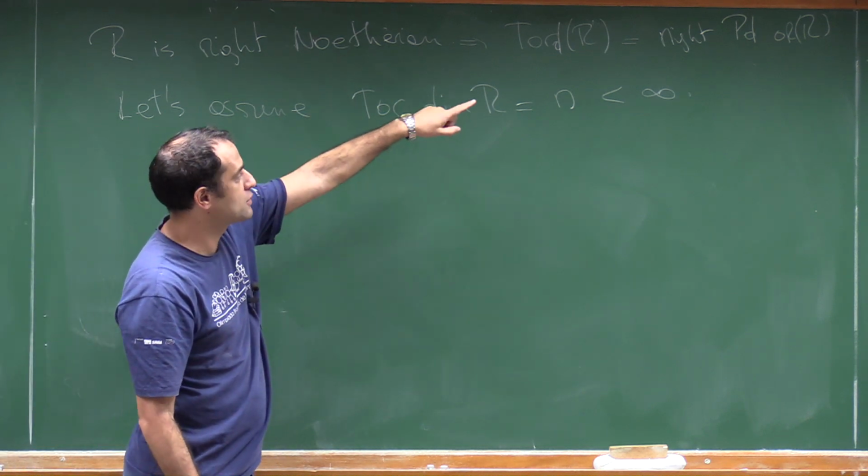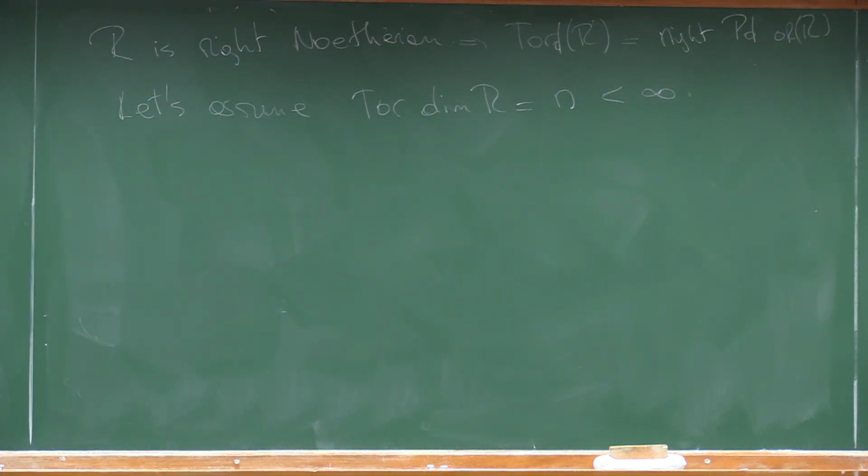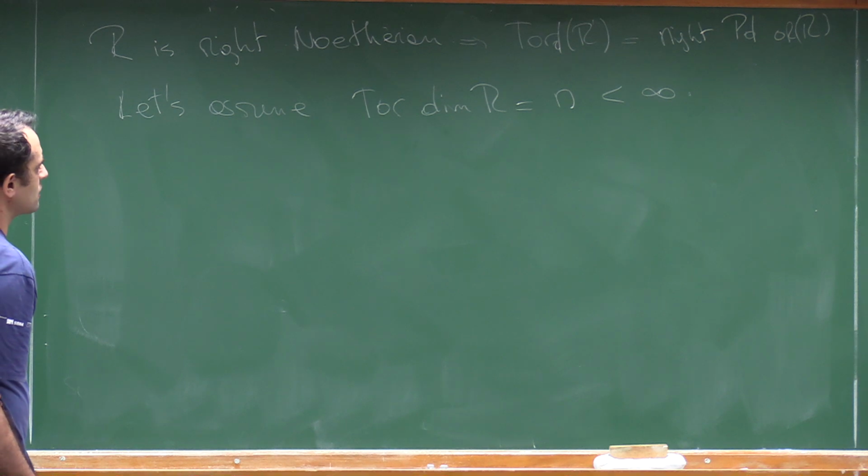So I need to prove that the projective dimension is less or equal than n. I need to use the fact that this thing is Noetherian, of course.